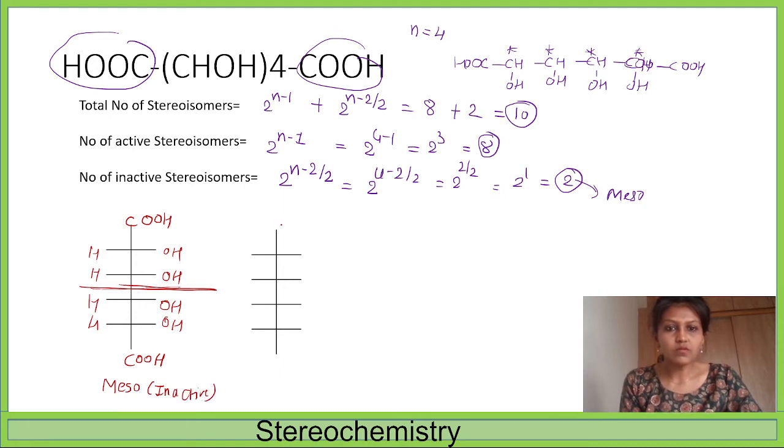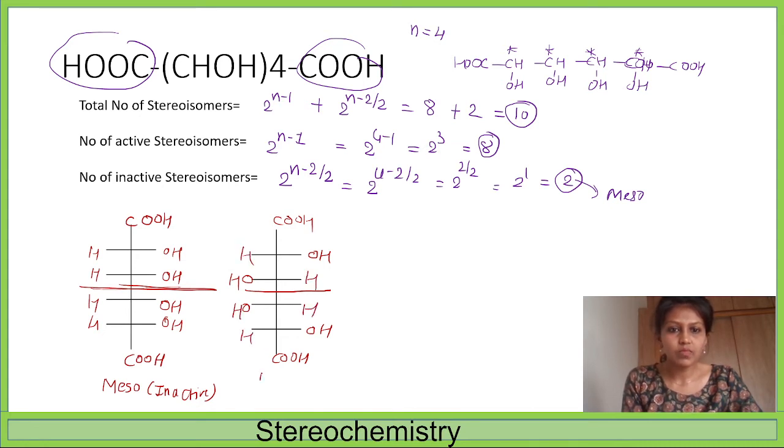Now the second meso compound. So for a meso compound there must be a plane of symmetry. So see, suppose I put OH over here, so I can put OH over here. Suppose I put OH over here, then OH over here, right? So this is the second meso compound, and it is also optically inactive, right?